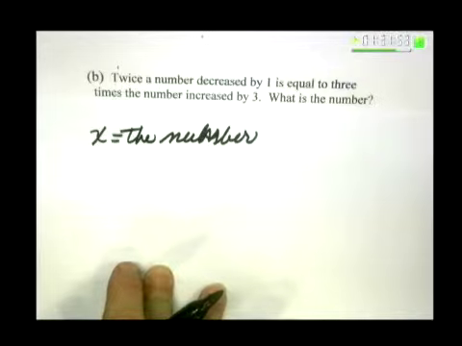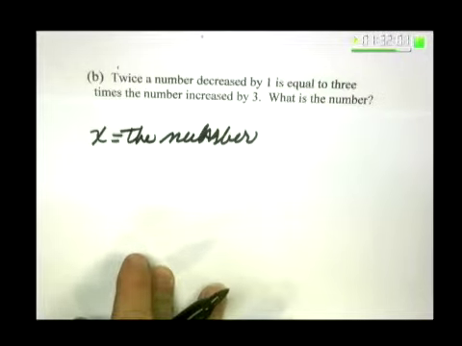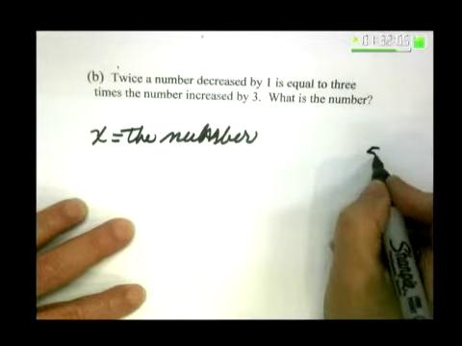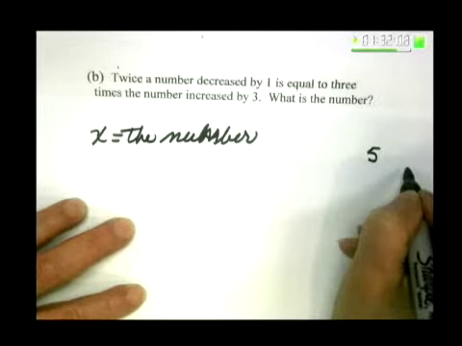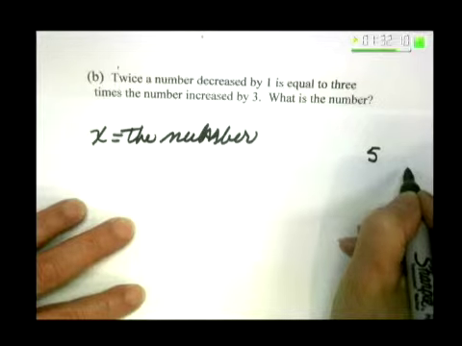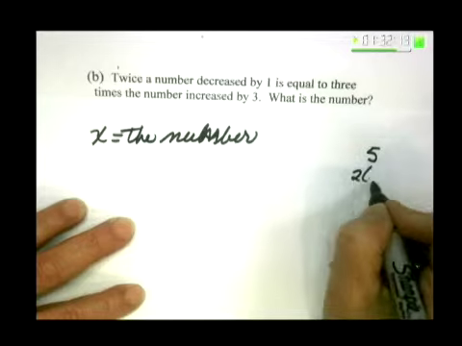So now I have to go back and reread the problem and see if I can make some sense out of it. First read is just giving you an idea of what the problem is stating. So it says twice a number. If I say the number 5, twice 5 is how much? 10, right?